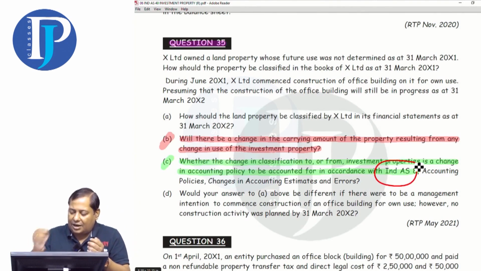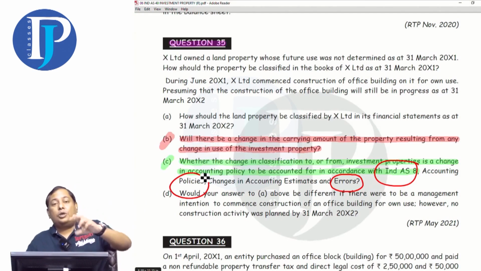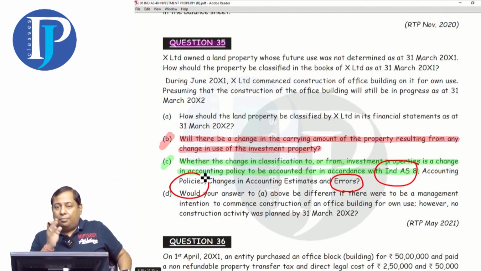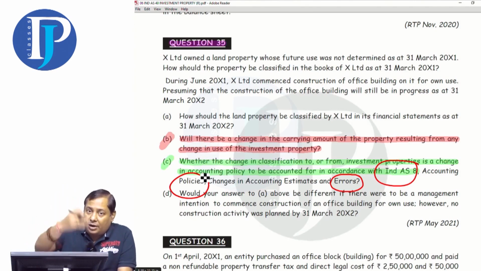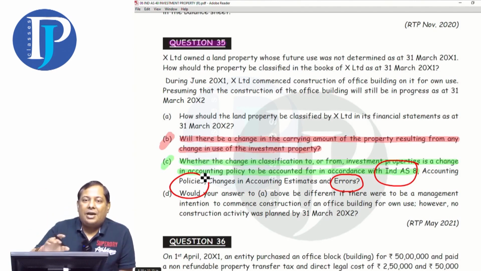In Ind AS 8, the errors that we rectify, or if we change any policy, we need to consider retrospective effects. We don't operate prospectively in Ind AS 8. You'll get that to study in Ind AS 8, not in Accounting Standards 5. In AS 5, we work prospectively.